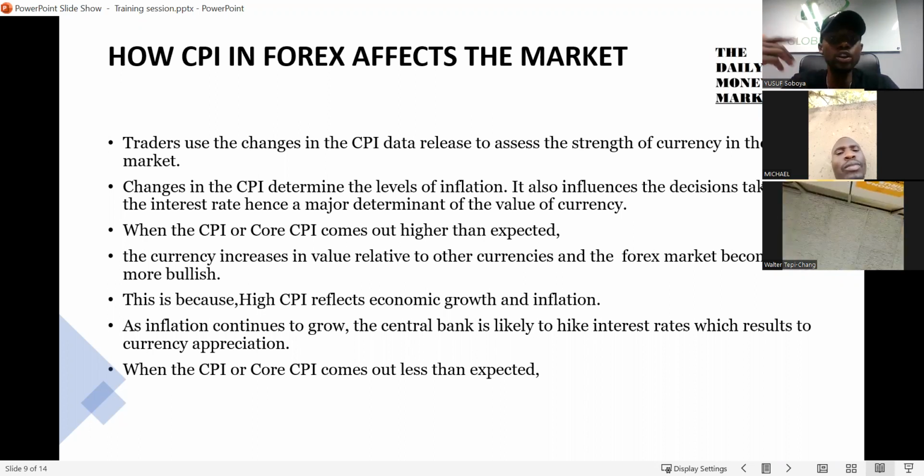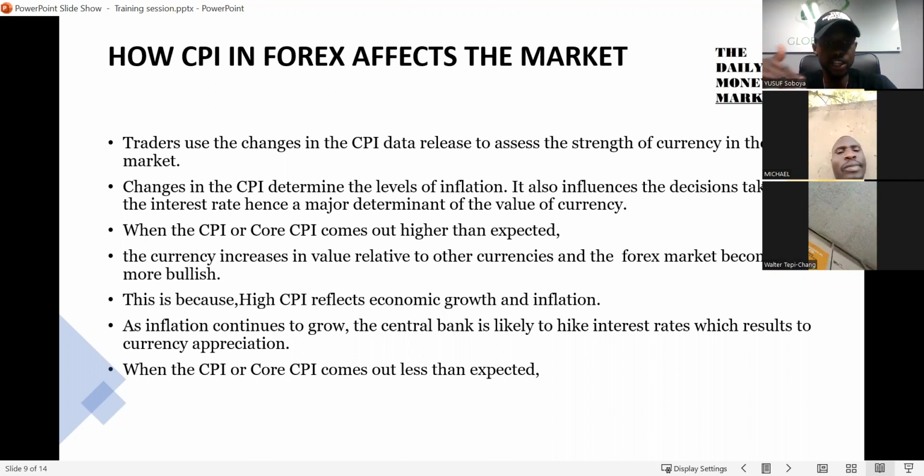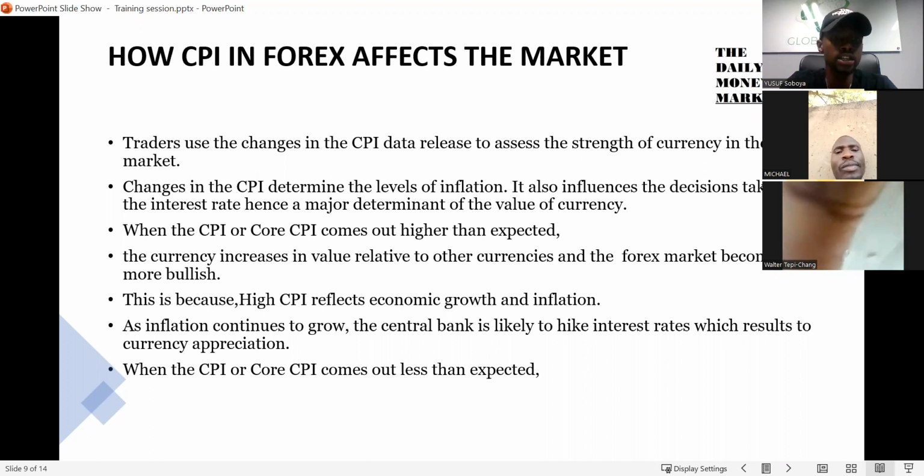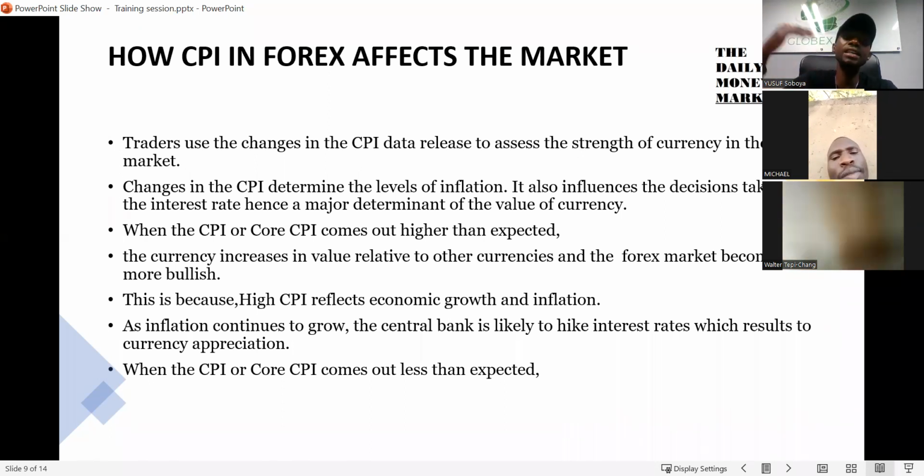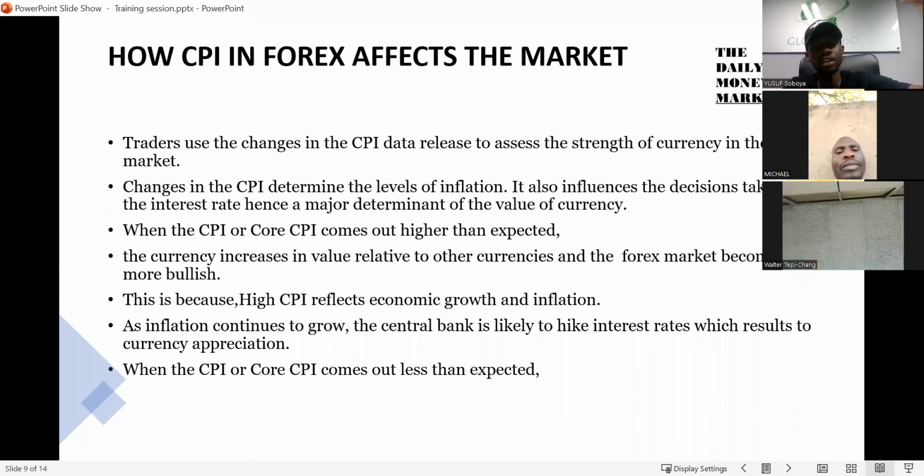When the CPI or the core CPI comes out higher than expected, the currency increases in value relative to other currencies, and the forex market becomes more bullish, right? This is because a higher CPI reflects economic growth and inflation.